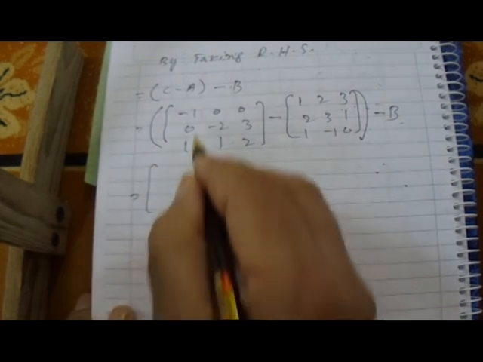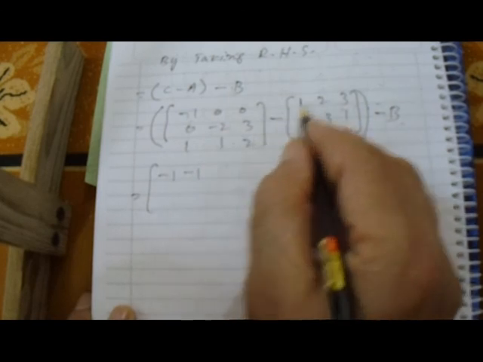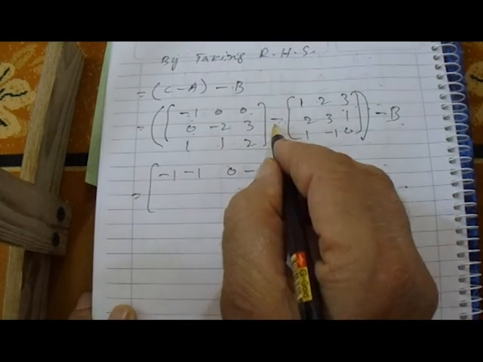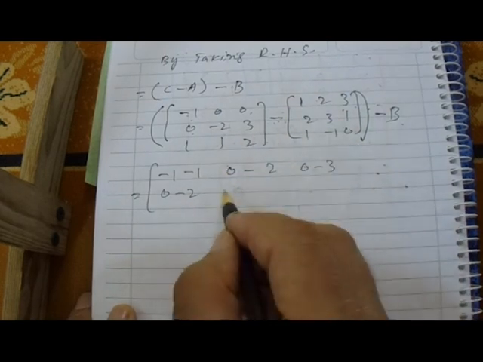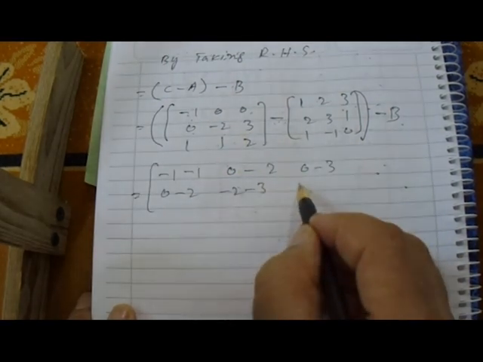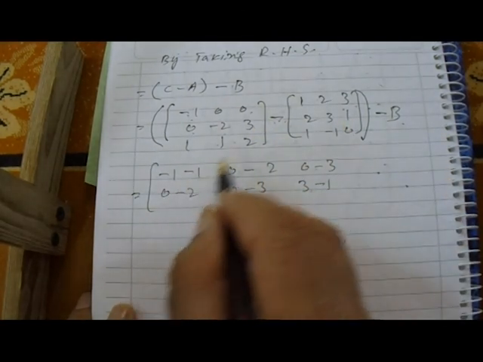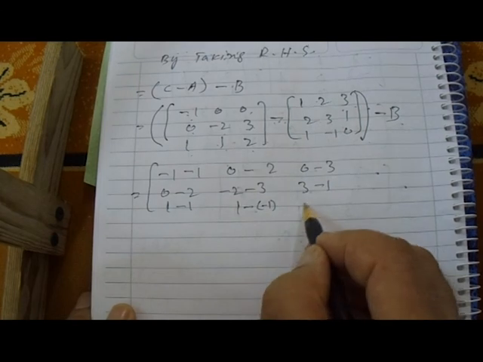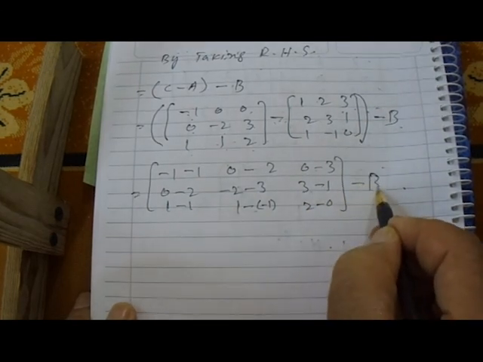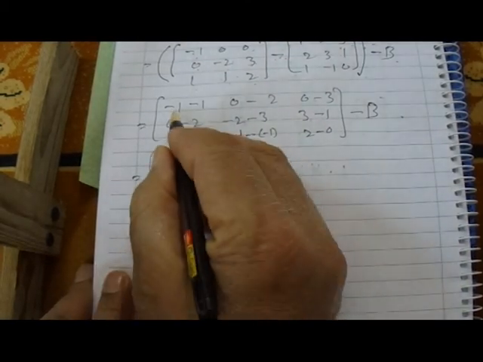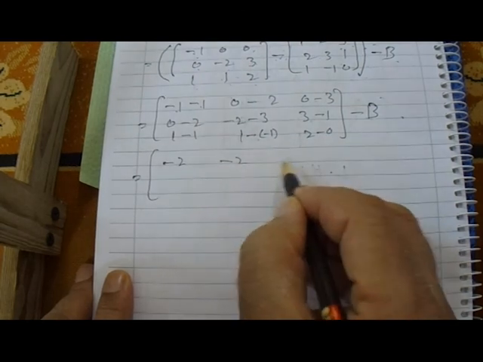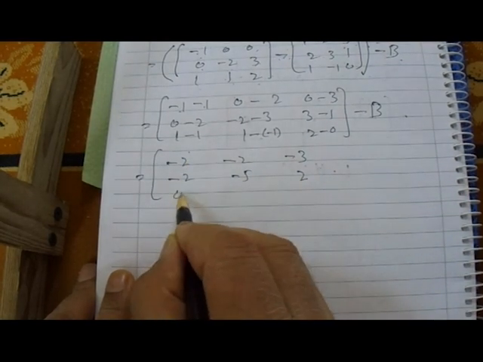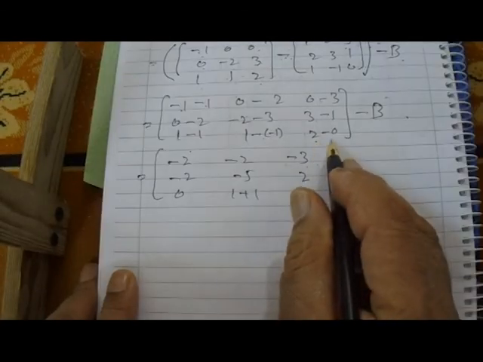It is equal to minus 1 minus 1, minus 1 minus 1, 0 minus 2, 0 minus 3, 0 minus 2, minus 2 minus 3, 3 minus 1, 1 minus 1, 1 minus into minus 1, 2 minus 0, minus B again is equal to minus 1 2 and minus 2 minus 3, minus 2 minus 5 and 2 only, and 0 here, and 1 plus 1 here, and 2 minus 0, 2 here.